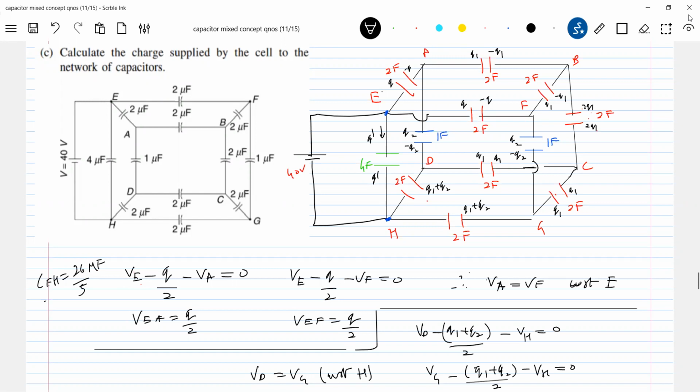So micro, if you want, you can take it out. Then you can easily calculate the charge. Charge flown through the battery will be C_EH into V. And the answer will come around 208 coulombs.